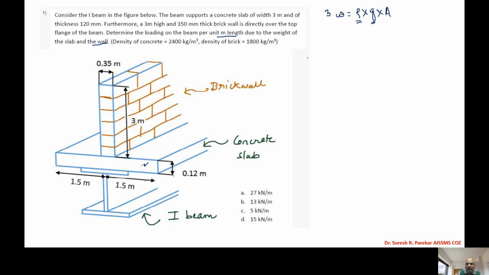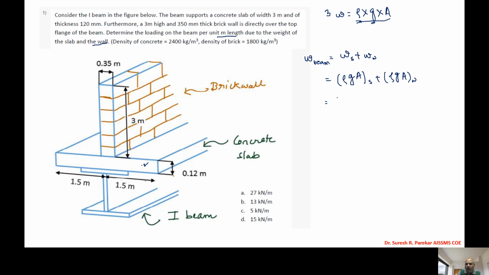Therefore, if we calculate the total weight on the beam, it will be the weight due to slab plus the weight due to wall. So the formula is rho gA of slab plus rho gA of wall.